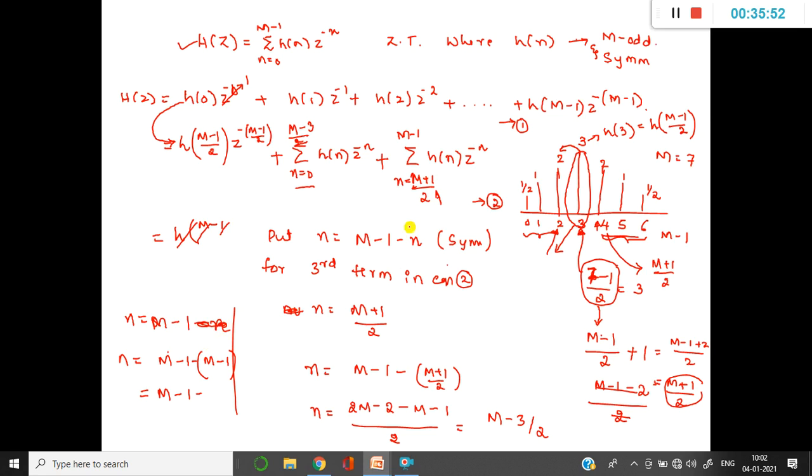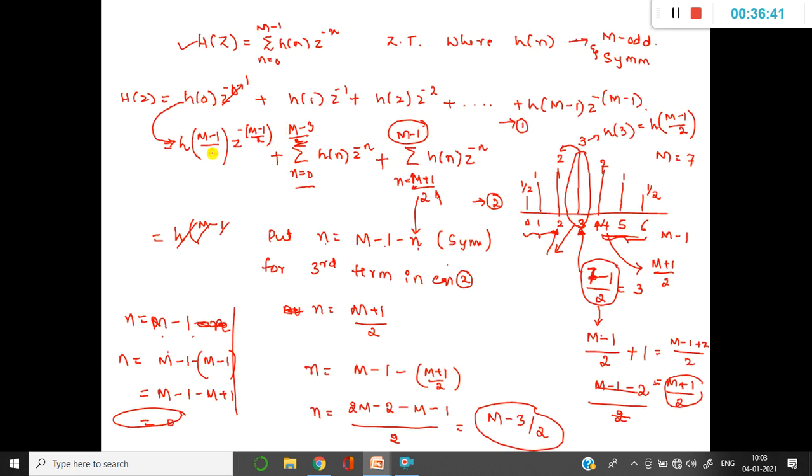So this is minus m plus 1, so this will be 0. I'm substituting n equal to m minus 1 minus n. So for the lower limit, I substitute this and I'm going to get n is equal to m minus 3 by 2, and I substitute the upper limit n equal to m minus 1, and I'm going to get 0.